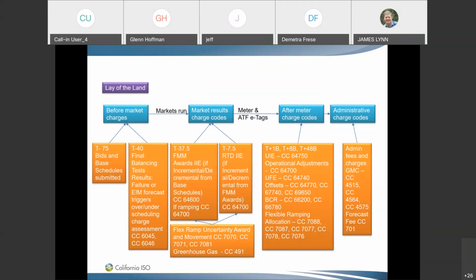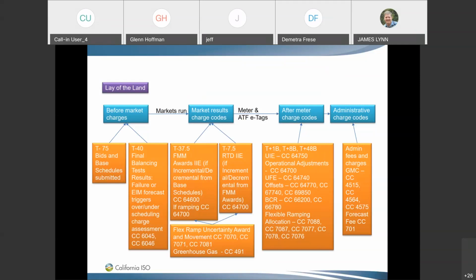Now, the two thresholds are 5% overscheduling or 5% underscheduling, and then 10% overscheduling and 10% underscheduling. But if you're within the 5%, we don't assess any penalty at all. If you're between the 5 and 10, we assess a penalty for overscheduling as well as underscheduling. There's different rates. And then same as the 10%.